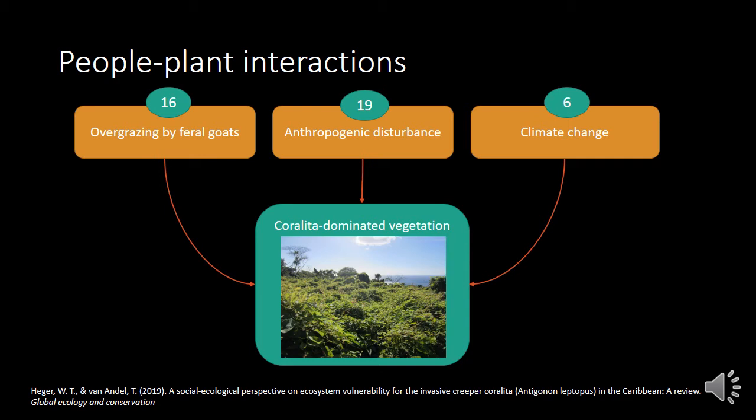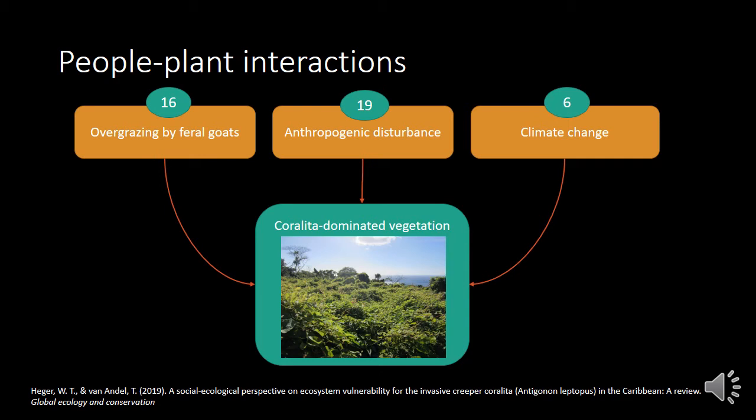Lastly, there was climate change. It was pointed to by 6 papers as one of the leading causes of this problem. St. Eustatius doesn't have a dry season. It's wet all year round, but there are dry periods. Not really a full season, but there are periods that are a bit drier.